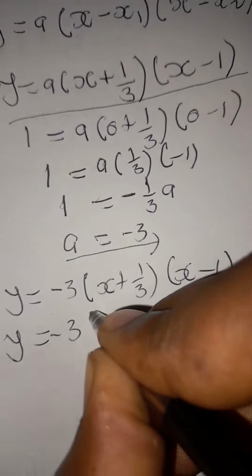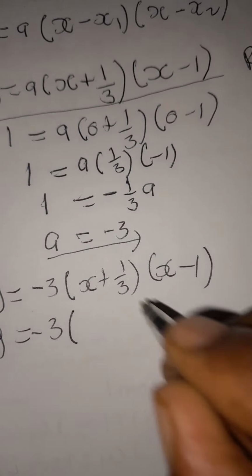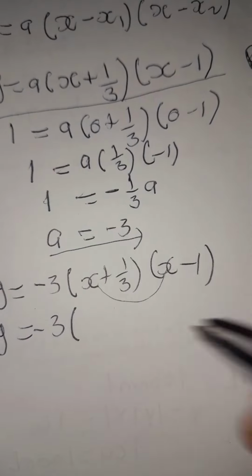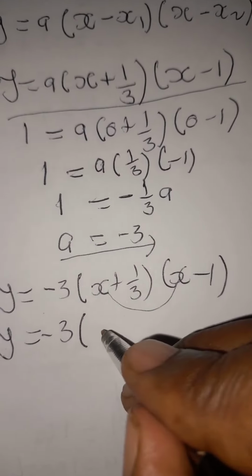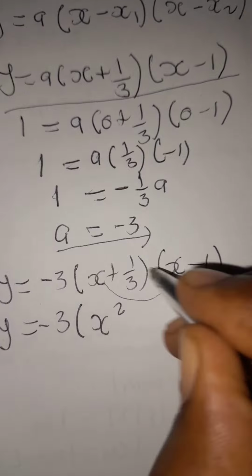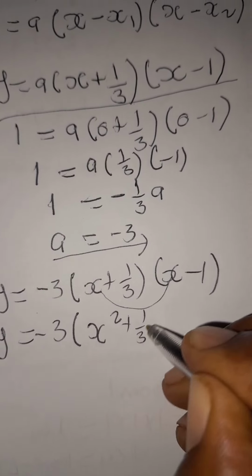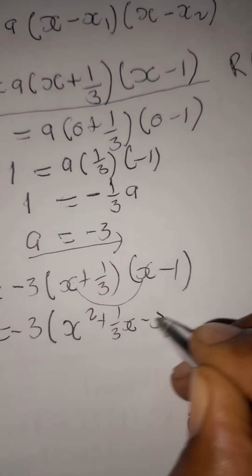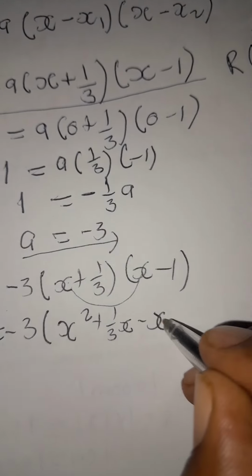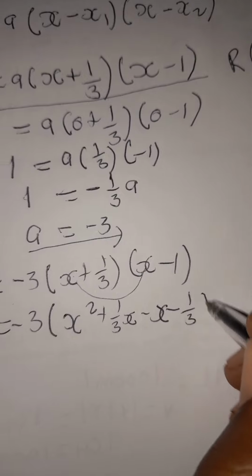We can use the FOIL method, or the distributive property. x times x will be x squared. Then 1/3 x, and negative 1 times x will be minus x. Then 1/3 times minus 1 will be minus 1/3.